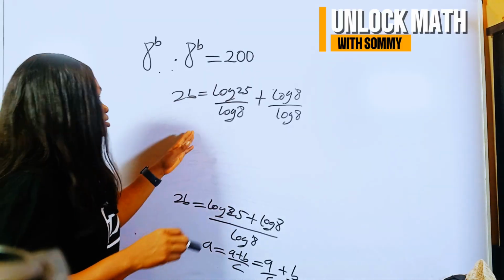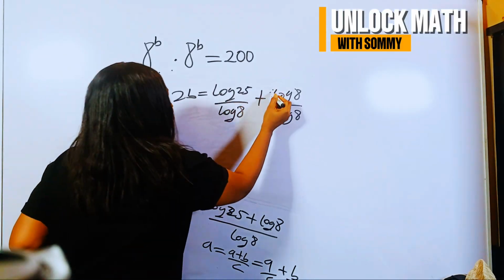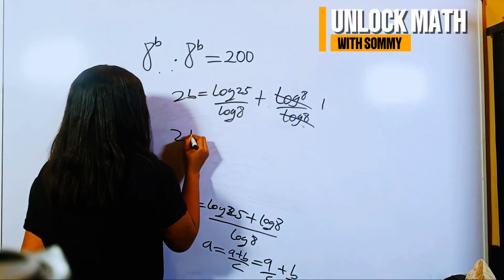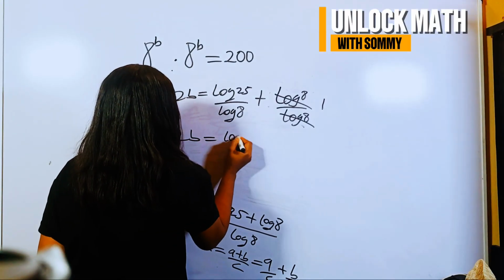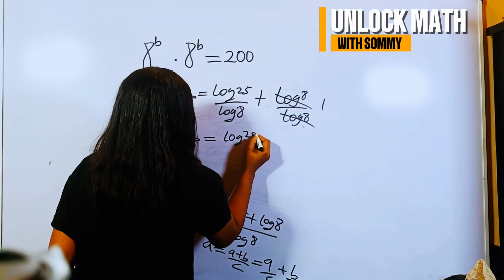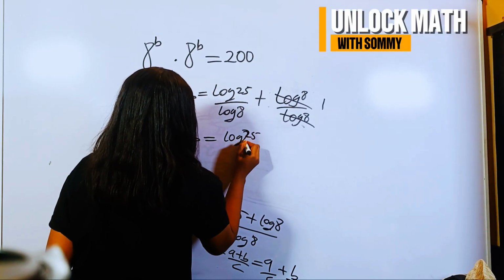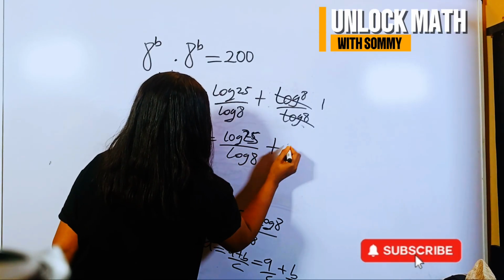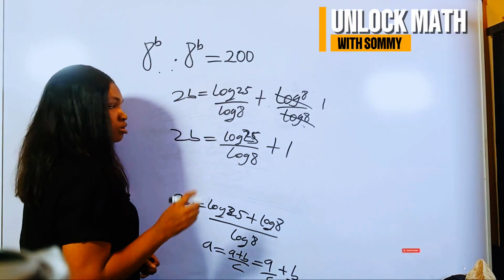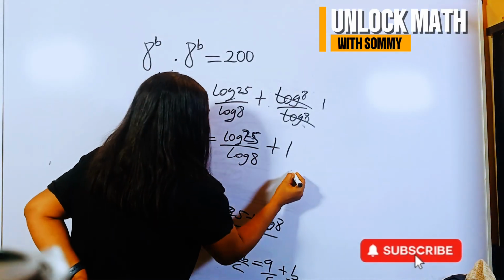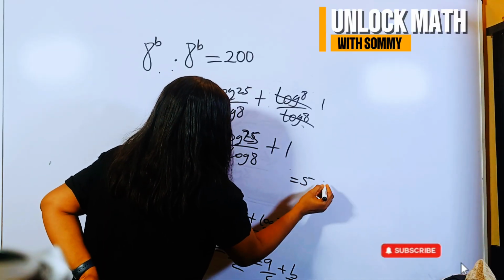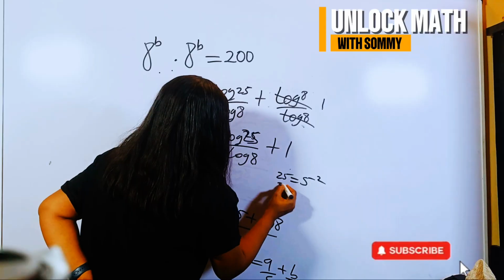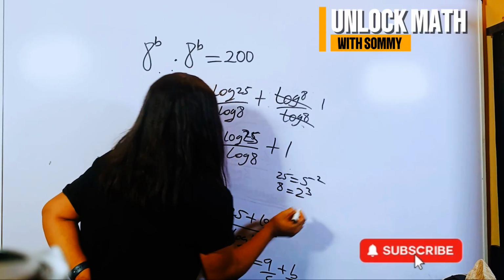Now, if we divide log 8 by log 8, we now have 1. Therefore 2b is equal to log 25 divided by log 8 plus 1. Remember, 25 is the same thing as 5 squared, and 8 is the same thing as 2 raised to the power 3.